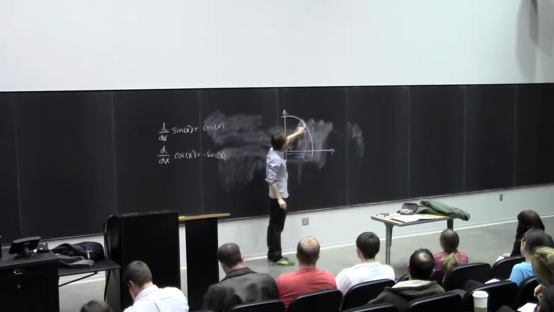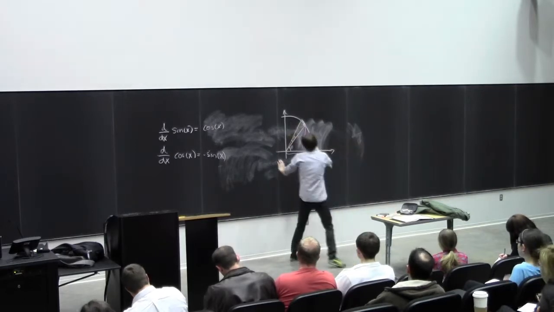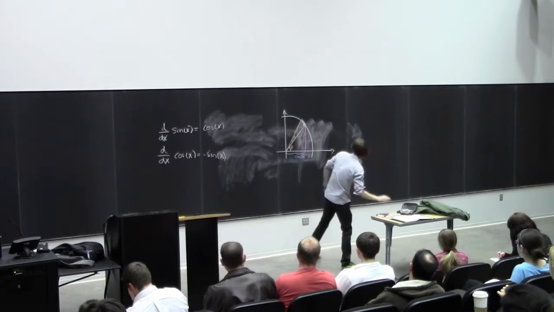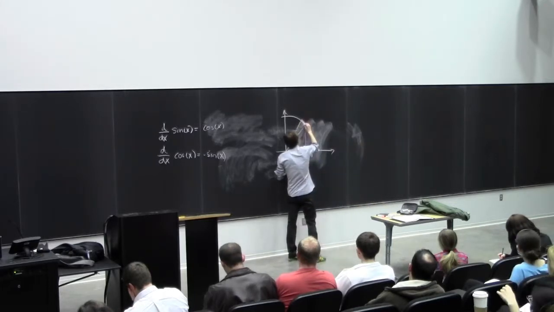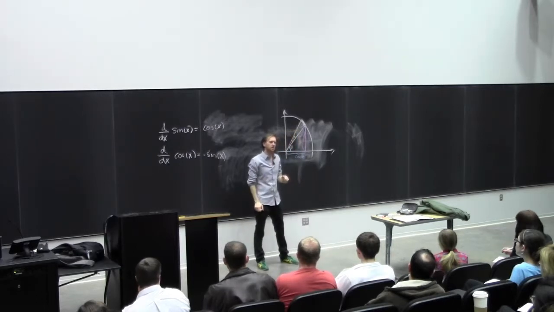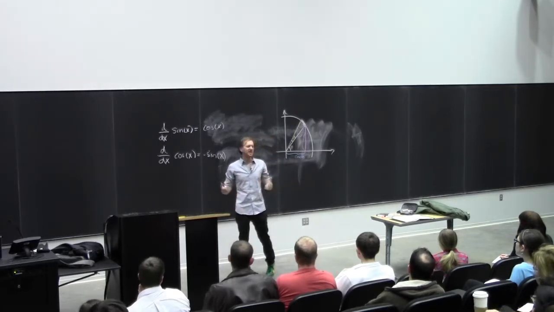And do you believe me that if I leave this at a right angle and I go all the way up there, I claim that this distance, do you guys know what this distance is right here on the arc? You don't seem to know, which is okay, which is good because then I can tell you. It's just h.